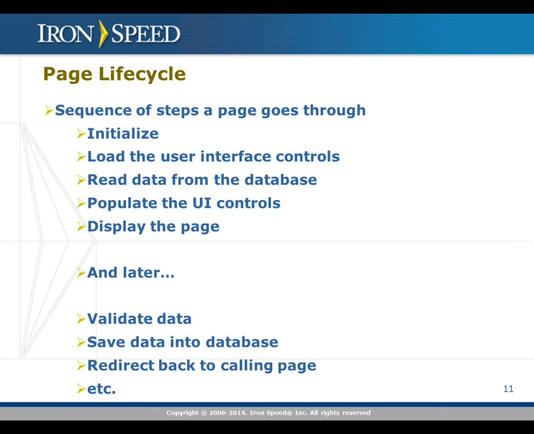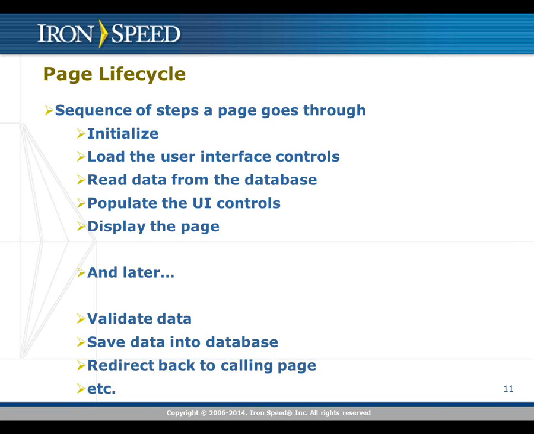Because somewhere along the line, .NET has to translate all of this code and all of these controls and things like that into HTML so that a browser understands it. Okay, so all of that happens while the page is at the server being built, and then all that HTML gets rendered out for the page to be displayed. So that's how to get the page created, loaded, and displayed.